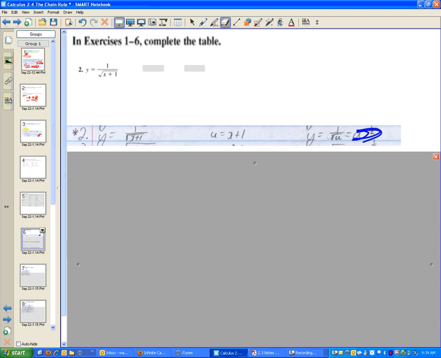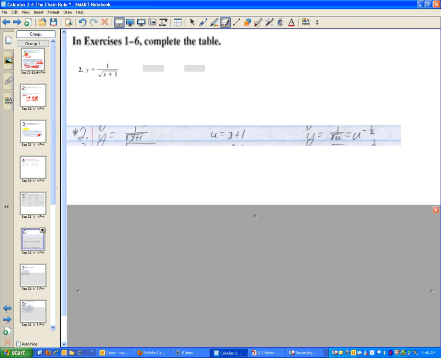The only thing I'd like to add to that, because they don't tell us take the derivative, we don't have to do the derivative, is that's not written in the form I'd want to take the derivative of, is it? So I'll go ahead and change that to u to the negative 1/2. Now I can take the derivative of it. I don't have to. The directions don't tell me to. But I have it ready now to take the derivative of it. Okay?